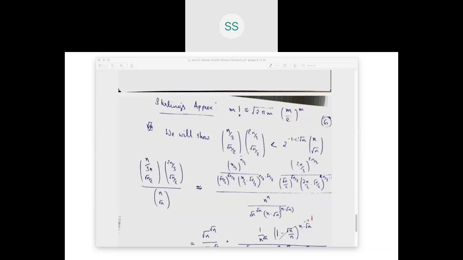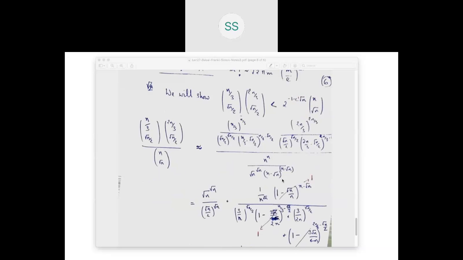So it is n by 3 factorial divided by square root n by 2 factorial times n by 3 minus square root n by 2 factorial. So we get this. Similarly, we get this and we get this. And first we take out these 3 terms, square root n by 2 whole power square root n by 2, same thing here, and square root n power n. So we get this here.